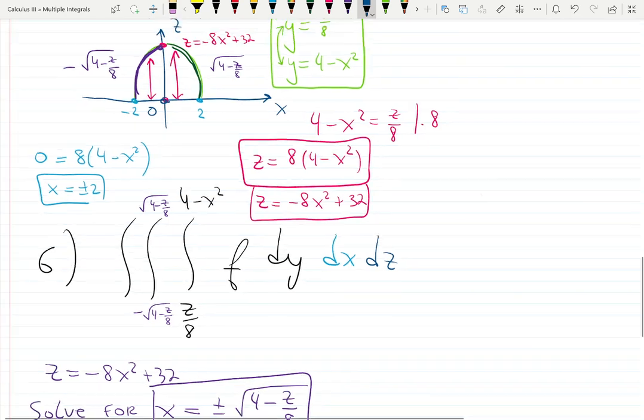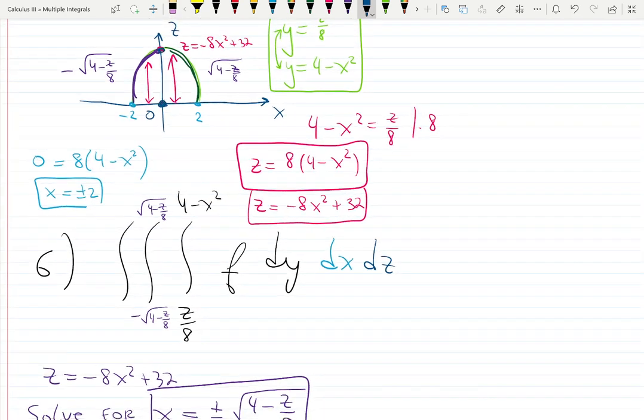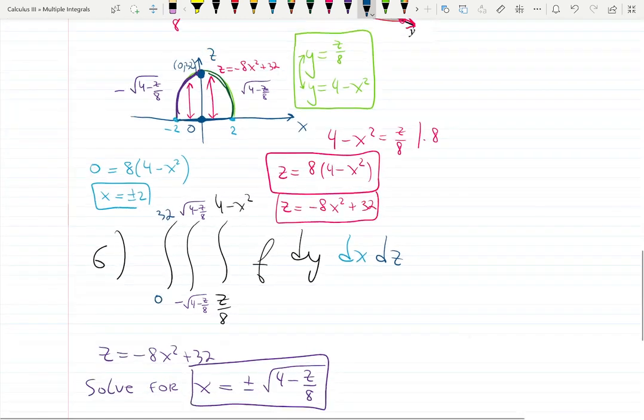Z is going to be an easy one. It's going from this point to this point. The lowest point of the floor is 0 for z. The highest point is this vertex. This vertex is when x is 0. When x is 0, z is 32. And we are done. Amazing job.